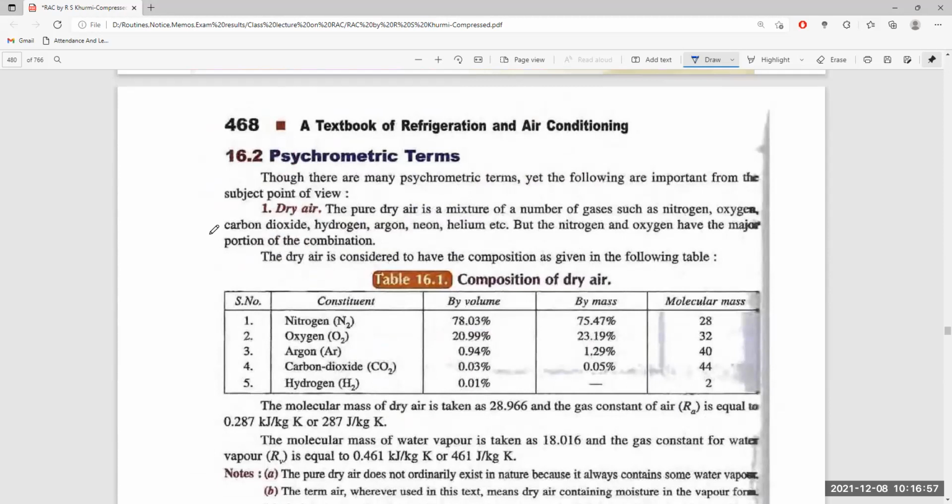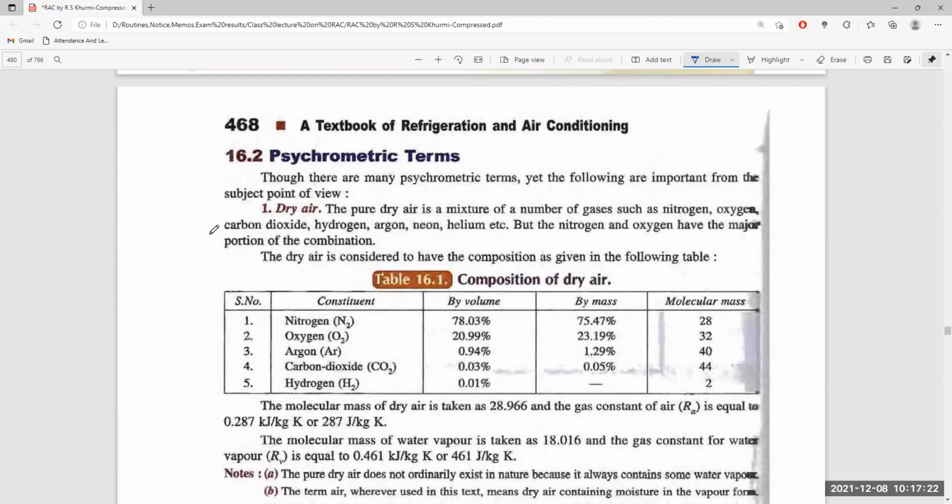What is dry air? Pure dry air is a mixture of a number of gases: nitrogen, oxygen, carbon dioxide, hydrogen, argon, neon, helium. But nitrogen and oxygen make up the major portion. By volume, nitrogen is 78%, oxygen is 20%, almost 21%, argon around 1%, carbon dioxide 0.03, hydrogen 0.01.